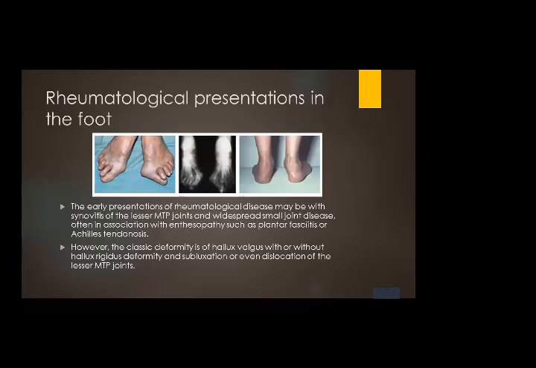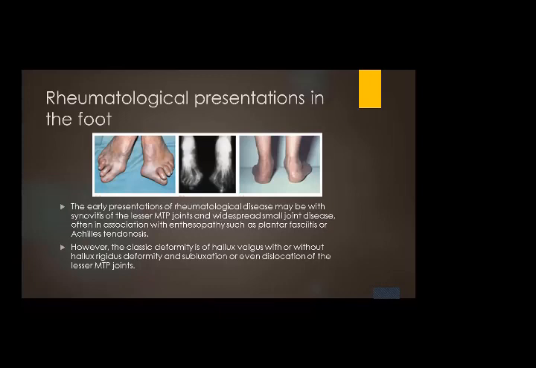Rheumatological presentation in the foot. The early presentation of the rheumatological disease may be synovitis of the lesser metatarsophalangeal joints and widespread small joint disease, often in association with enthesopathy such as plantar fasciitis or Achilles tendonitis.